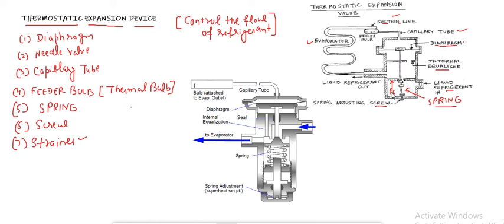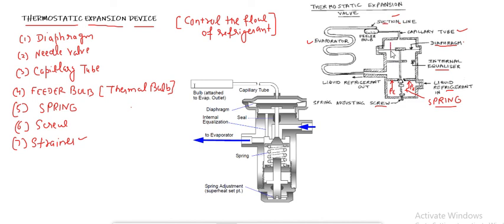At this pressure it is entering into the evaporator, and there is one more pressure because of the spring, that is called PS. And on the diaphragm there is a pressure acting in the downward direction, that is because of the bulb pressure.